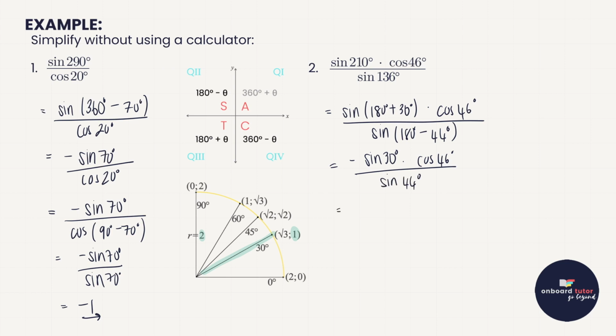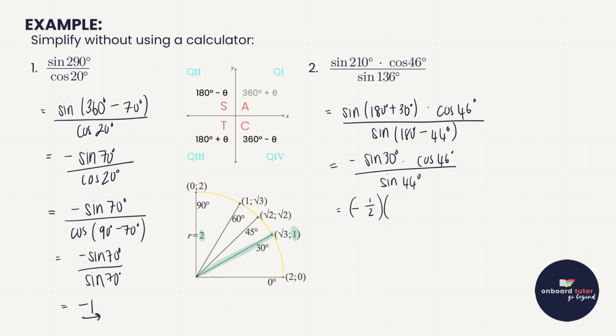Okay, sine of 30 we've now said is y over r, so minus 1 over 2, multiplied by, have a look again, 46 plus 44, it seems so close to a special angle, but if you add them up, it equals 90. So once again, we can do the cofunction plan.